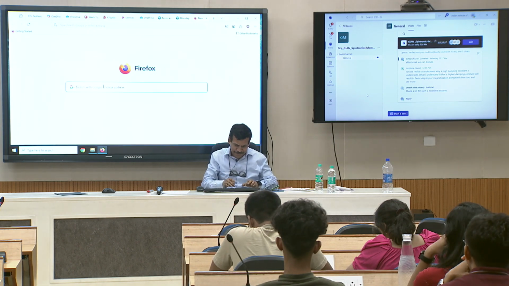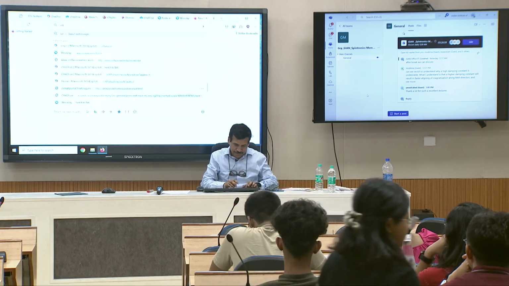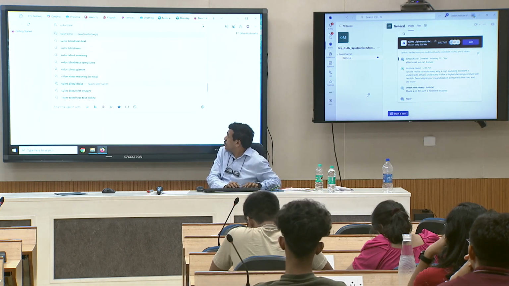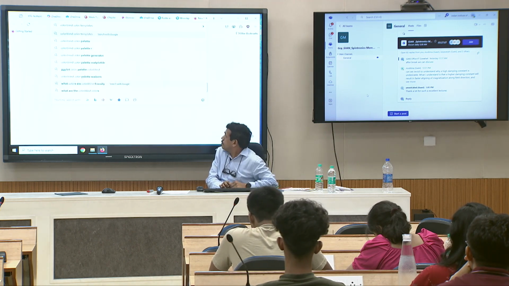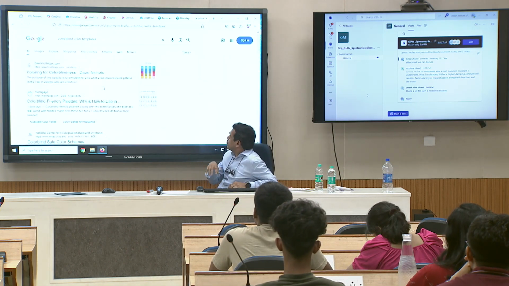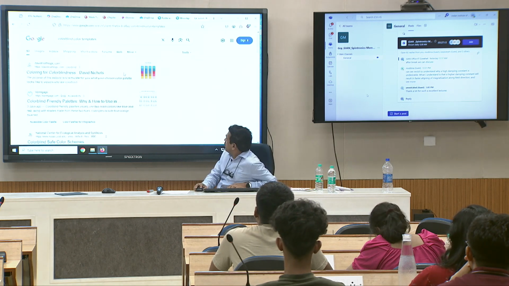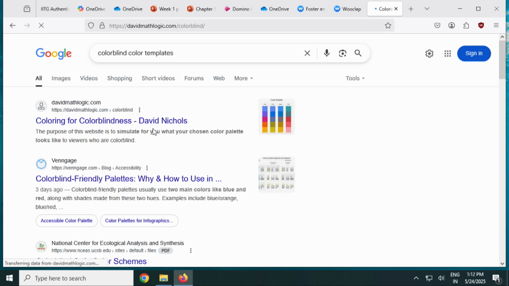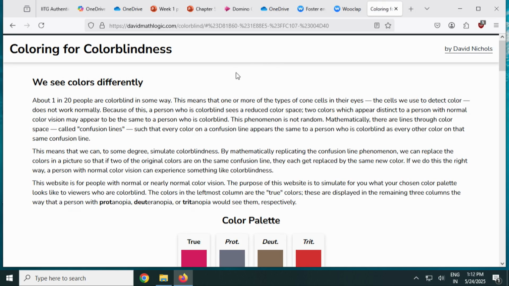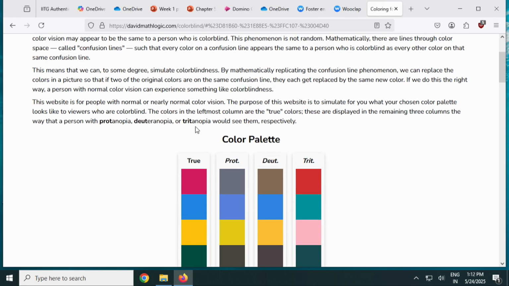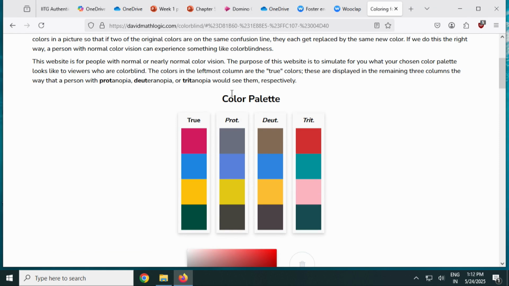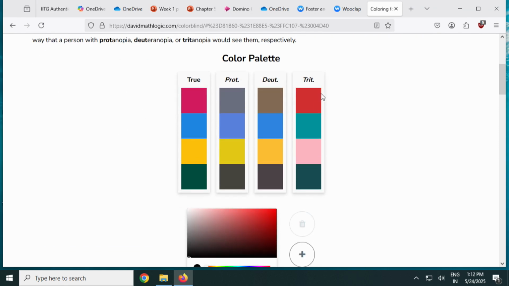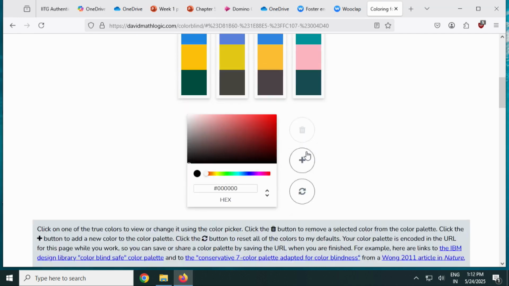For example, if you are publishing in some journal where you want your images to be distinguishable even for people who have color blindness, you can come up with some template like this. You can use these colors for your graphs.